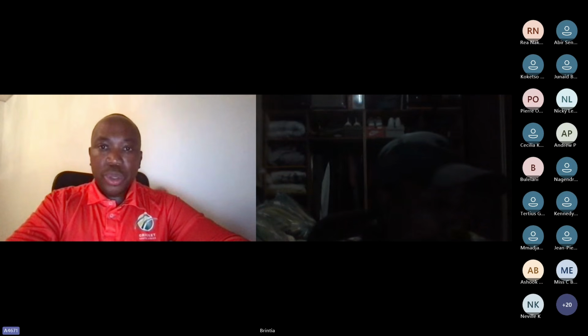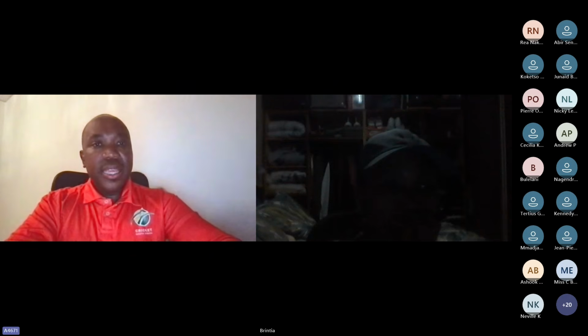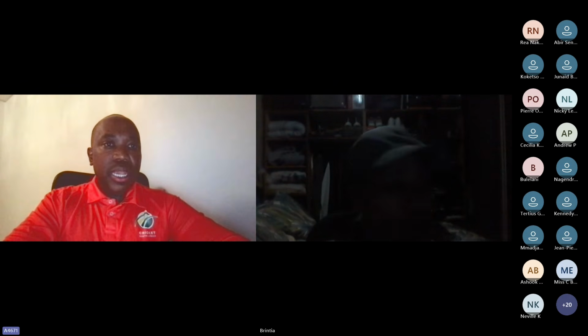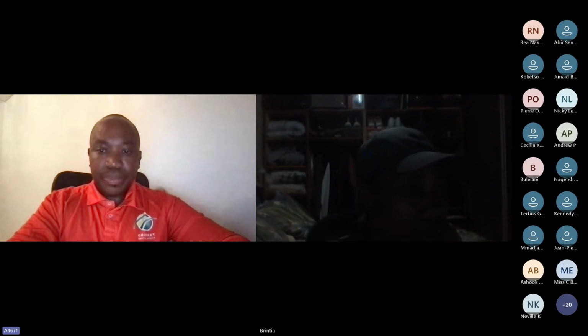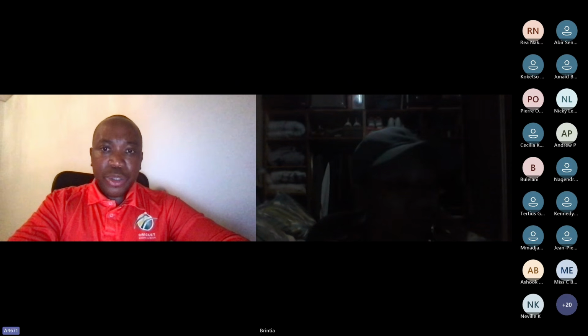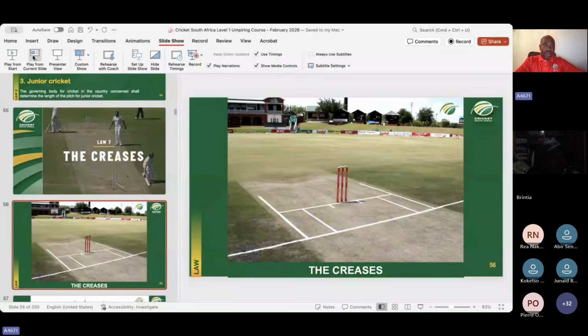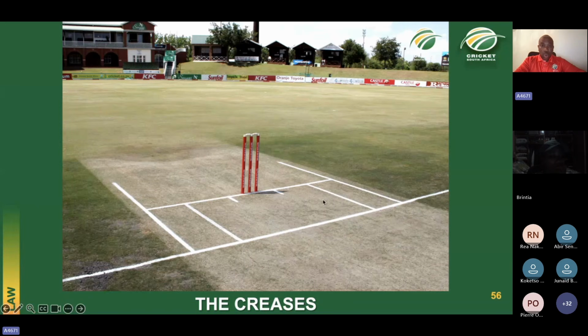Okay, so I'm going to just put on again the crease in the JB Marks oval in Potchefstroom, and I'm going to explain to you how we measure the crease. So we learned earlier that the width of the bowling crease from the one return crease to the other return crease is 2.64 meters.